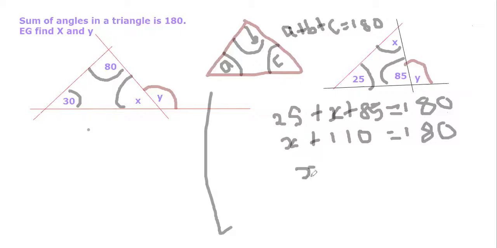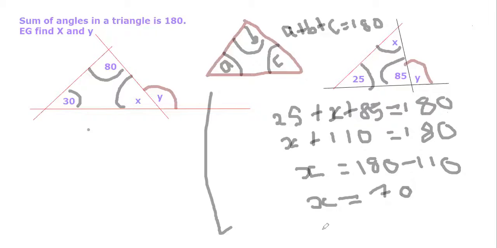This number can even come to 150, 120. It's just that these ones chose themselves that way. If I bring this 110 to the other side, it is minus 110 on 180 minus 110. So X is equal to 70.